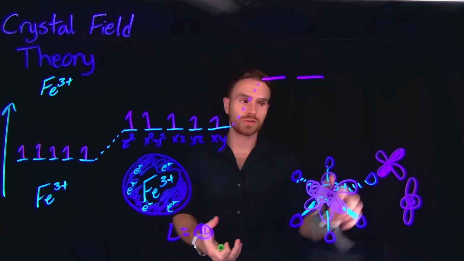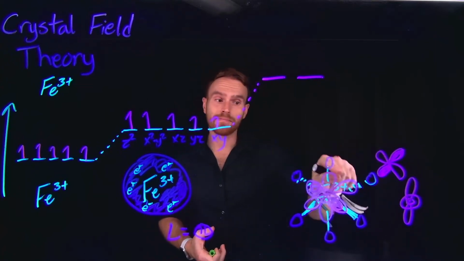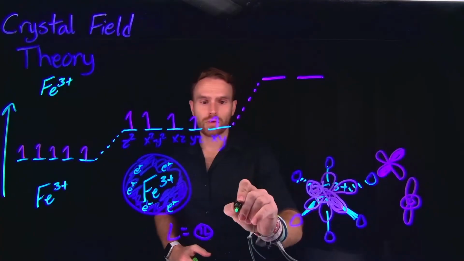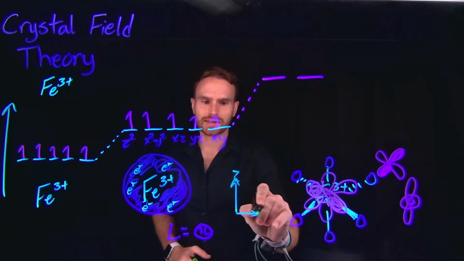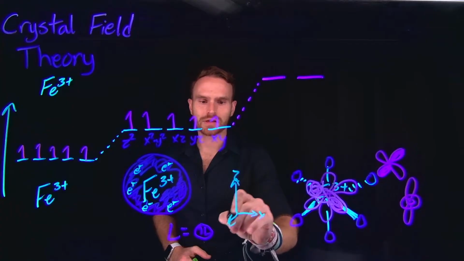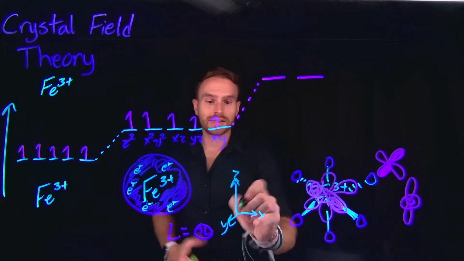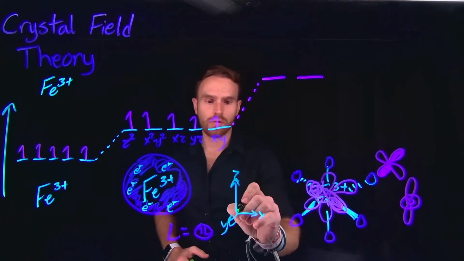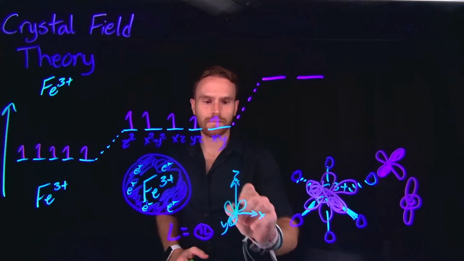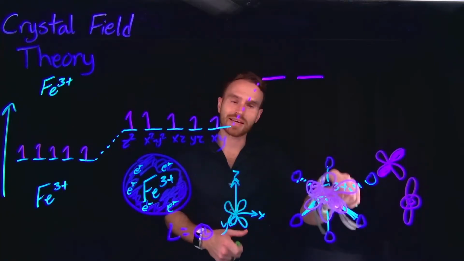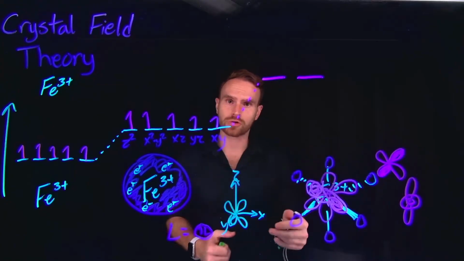All right, so now consider the dxz, the dyz, and the dxy. Remember, all of those ligand orbitals lie in between these axes. So remember, if we had the z-axis, the x-axis, and the y-axis coming in and out of the screen, then the dxz, for example, lies in between these axes. So that means it lies in between where these ligand point charges are coming from.